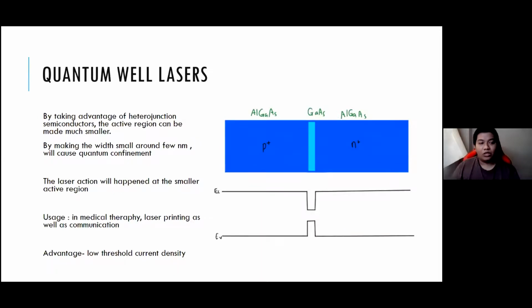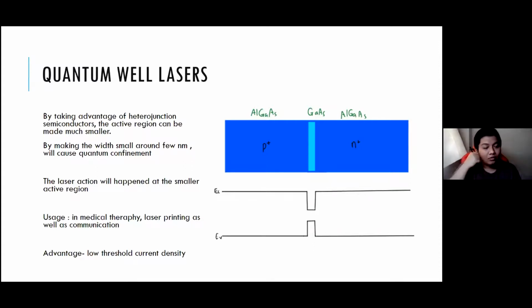And then we go to the quantum well lasers. As we know from before, we can capitalize on the heterojunction to make quantum well lasers.